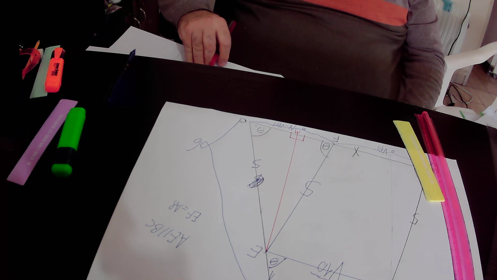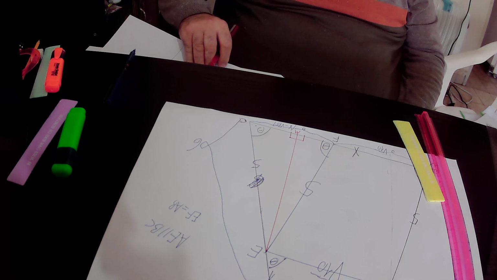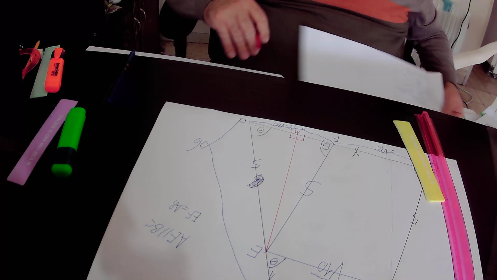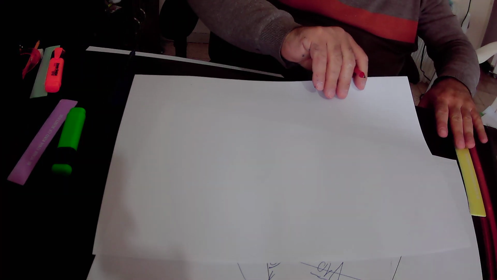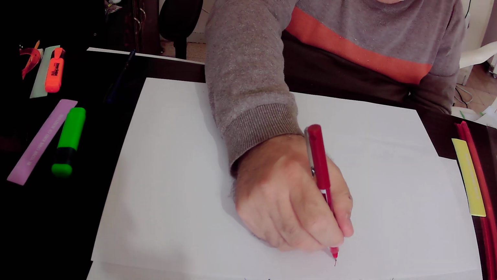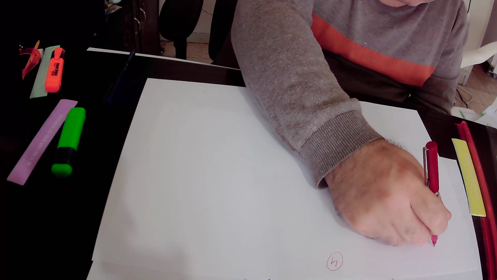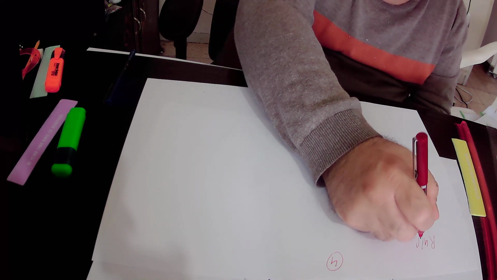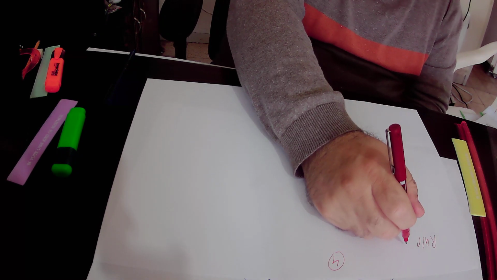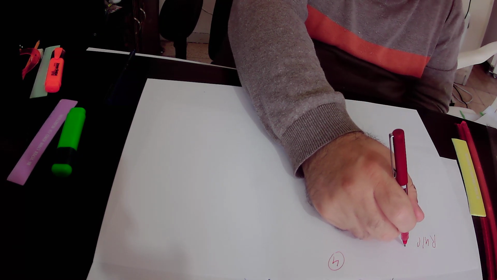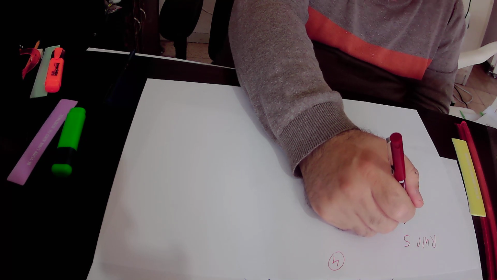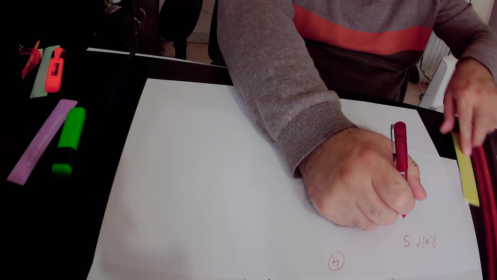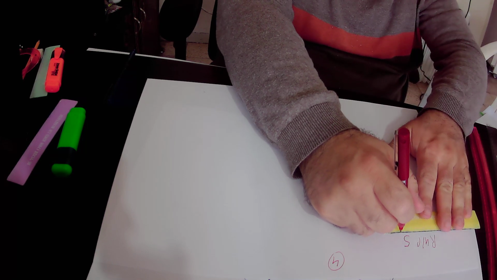And we also have rule number 5. According to rule number 5, the height to the base in an isosceles triangle bisects the base. I write it down.